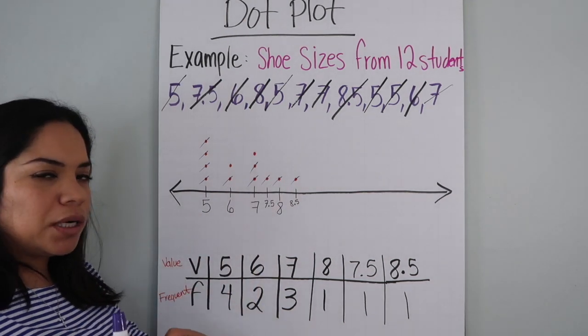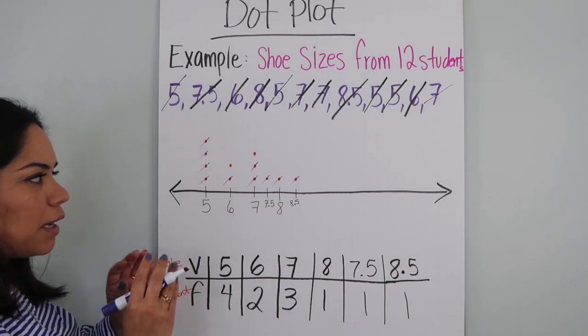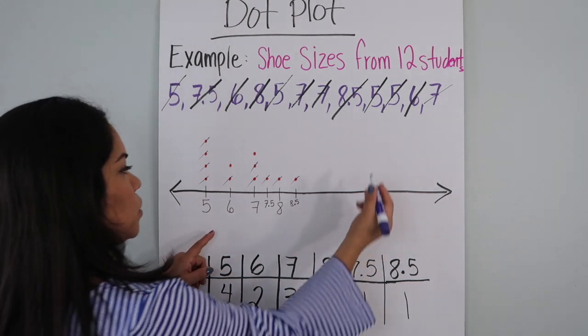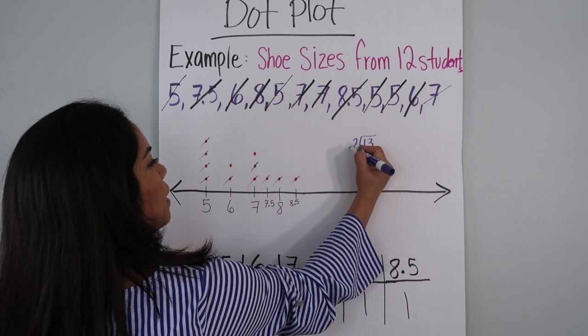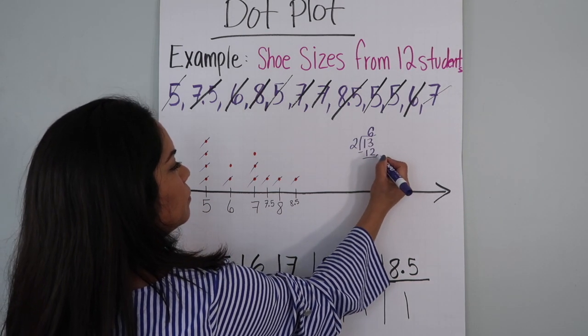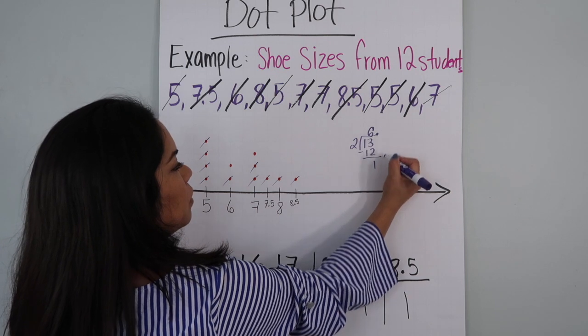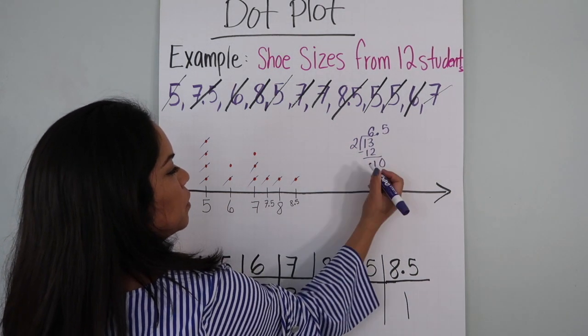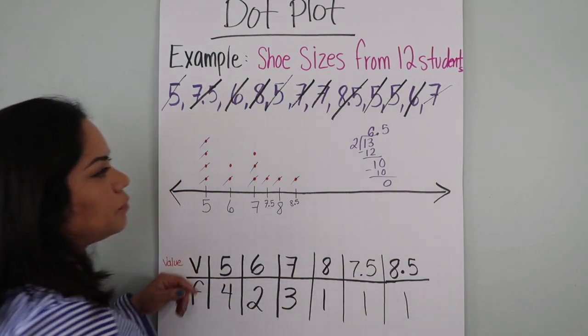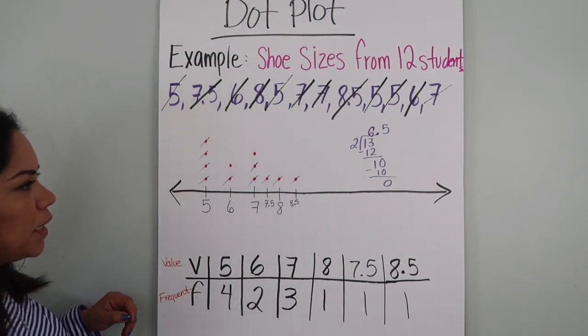Remember, when you have 2 numbers in the middle, you have to add them and divide by 2. So 6 plus 7 is 13, and 13 divided by 2 is 6, remainder 1, add a 0, 5. 5 times 2 is 10. 6.5 will be the median.